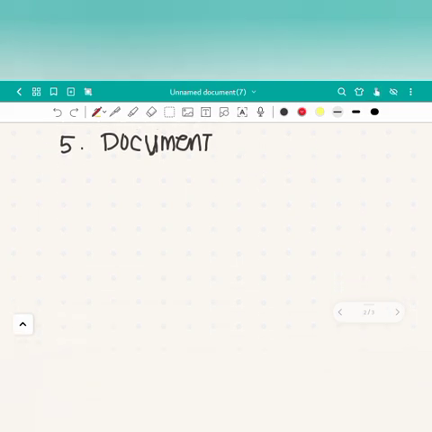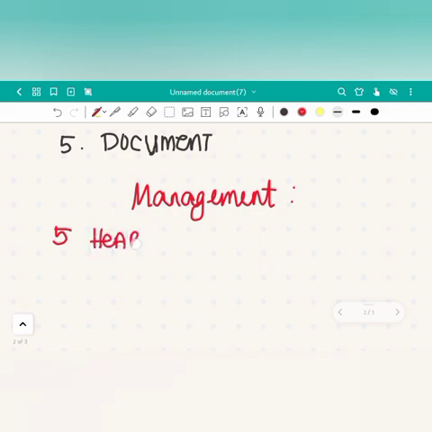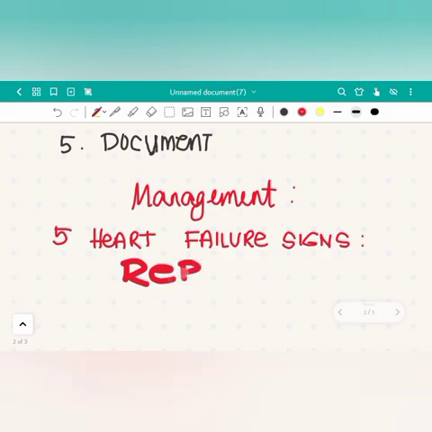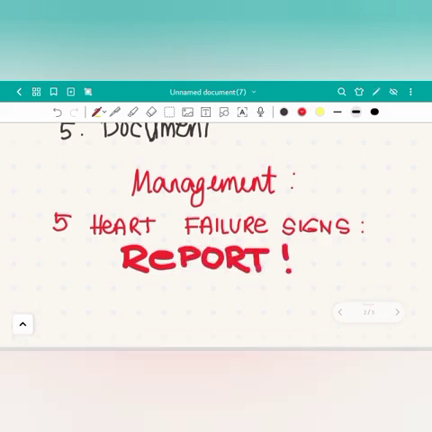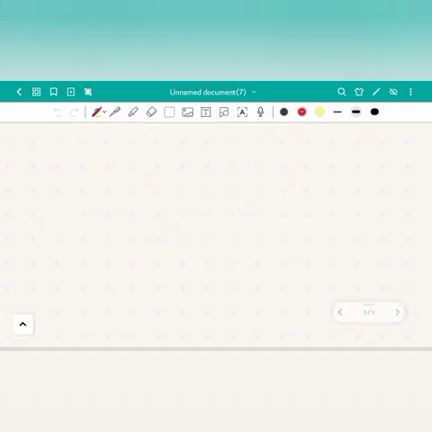And as a nurse, we should remember that we should be alert for the 5 heart failure signs that we should report to the healthcare provider immediately. Okay, these are the 5 signs of heart failure that should be reported immediately.